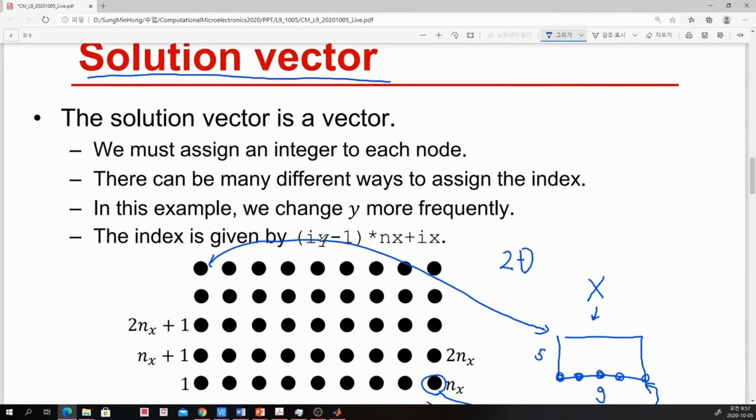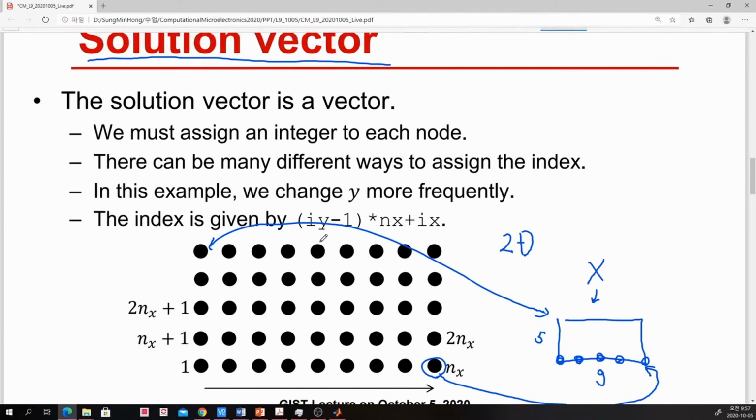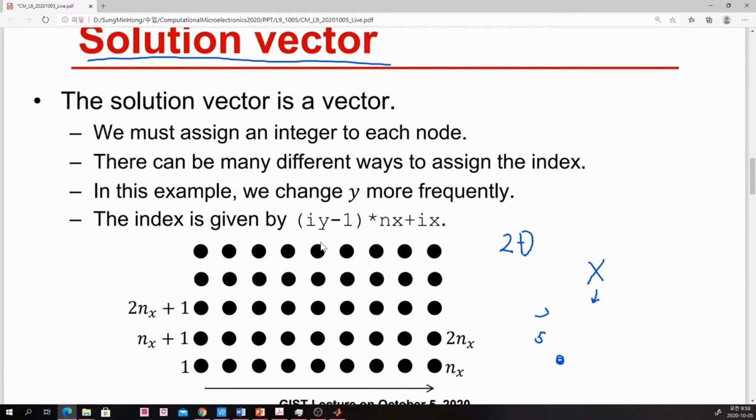So although we have a two-dimensional domain or even three-dimensional domain, that should be mapped into a vector. In other words, although we have a two-dimensional space, the points should be labeled with an integer index.